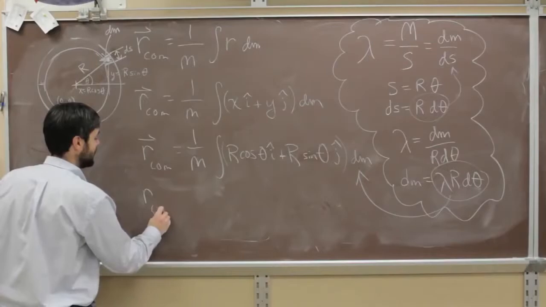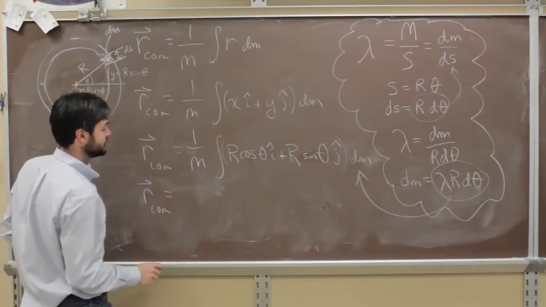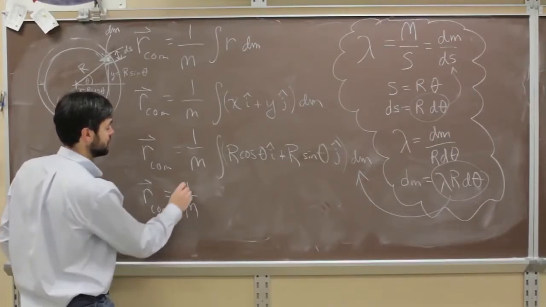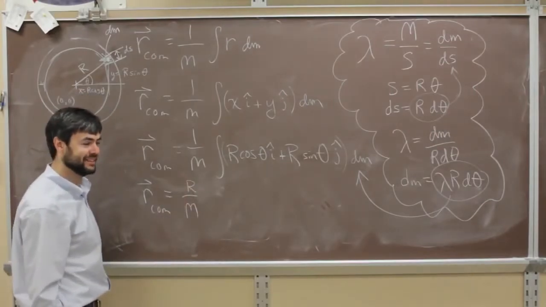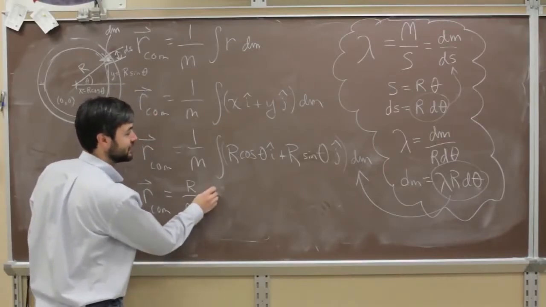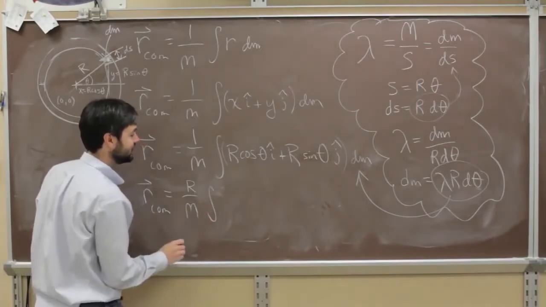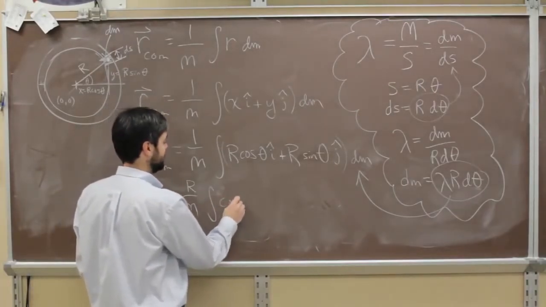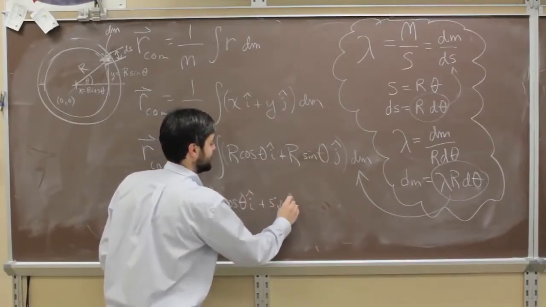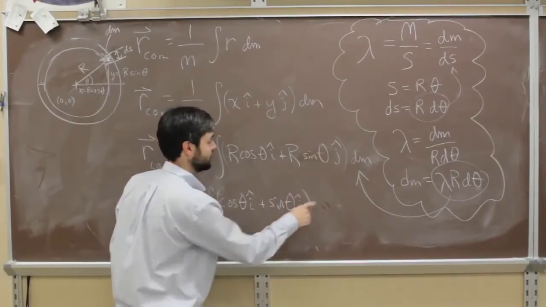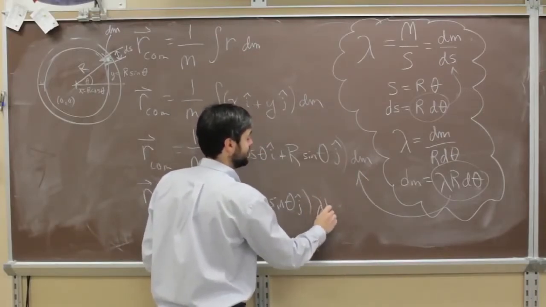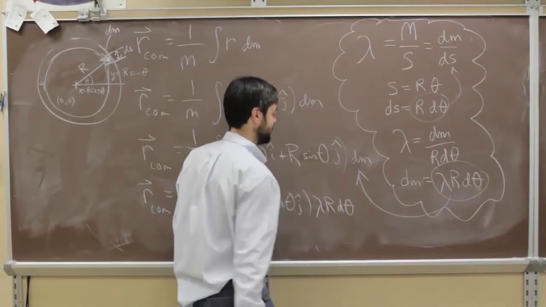So this becomes rcom equals 1 over m. Pull out the r, and then we've got the integral of cosine theta i hat plus sine theta j hat, and we're going to multiply that by, now for dm, that's going to be lambda r d theta.